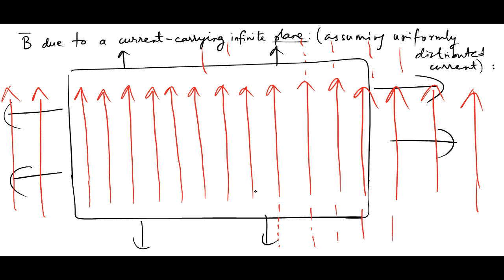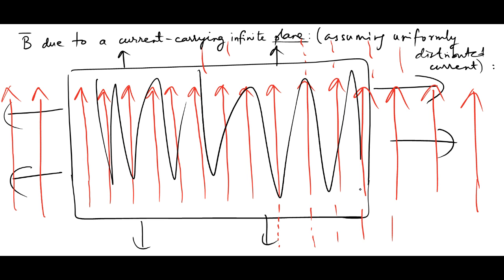Another way to visualize this infinite plane of current is to imagine that current is flowing along the floor. This thing which you have drawn over here may be like the ground or the floor. So it's flowing like a river.